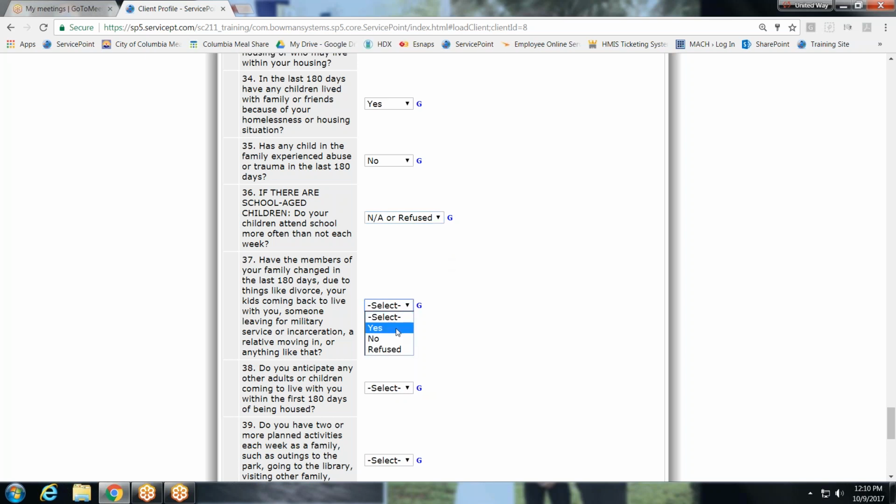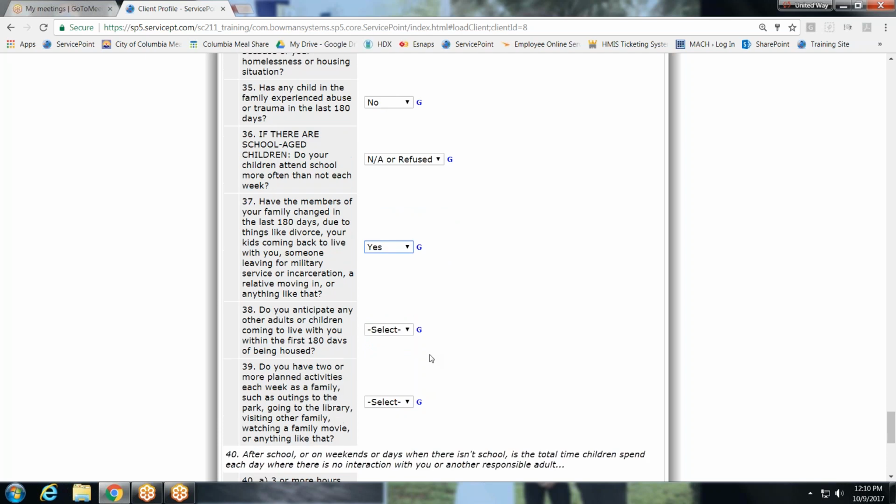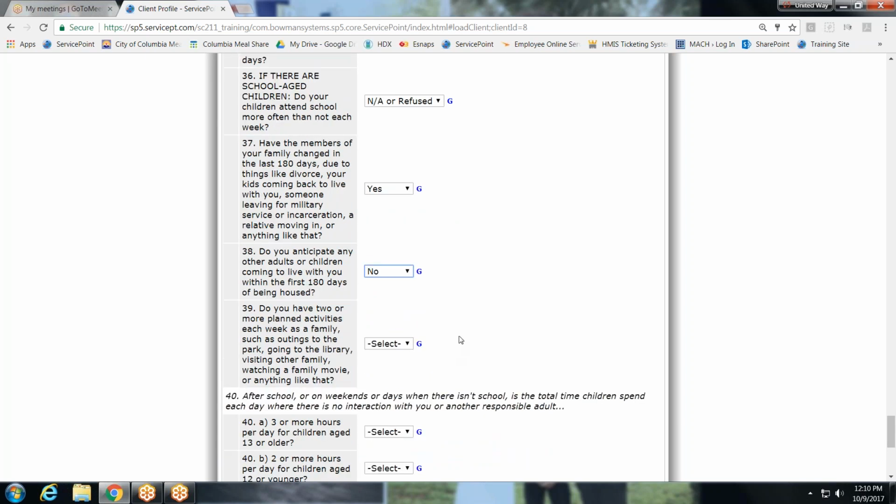Yes. Do you anticipate any other adults or children coming to live with you within the first 180 days of being housed? No. Do you have 2 or more planned activities each week as a family, such as outings to the park, going to the library, visiting other family, watching a movie, or anything like that? No.